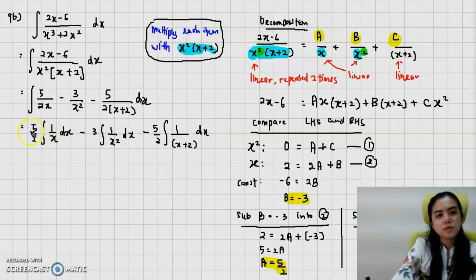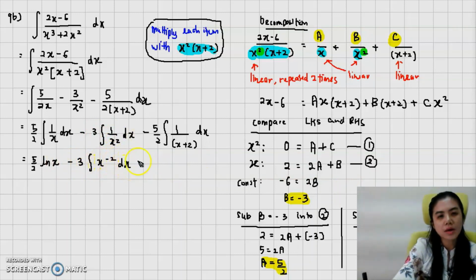Of course this one you have the direct integration formula, and this one also you have, and this one you can change to the index form before you integrate. This one if you integrate, it will give you ln x. For this you can change it to x to the power minus 2. This one we did not do any integration yet, because you have to change to the index before you do the integration.